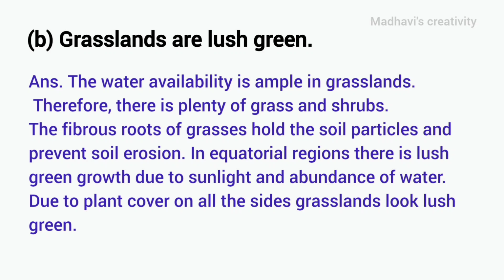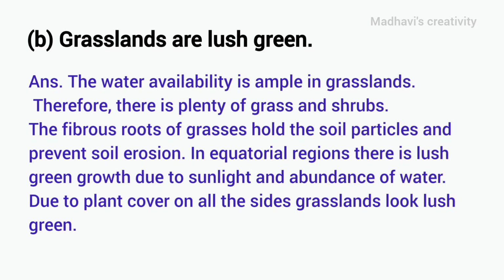B. Grasslands are lush green. Answer. The water availability is ample in grasslands. Therefore, there is plenty of grass and shrubs.